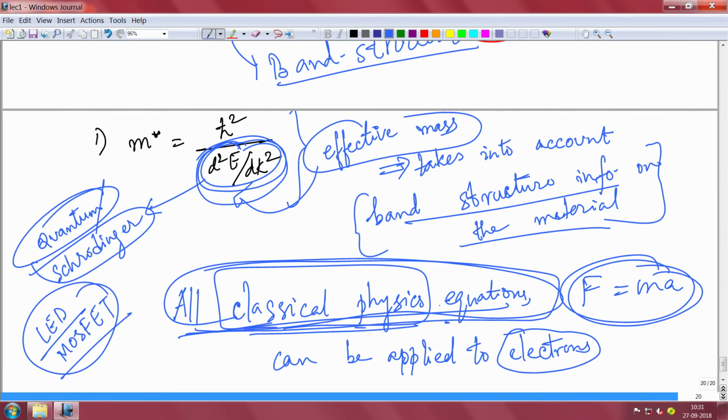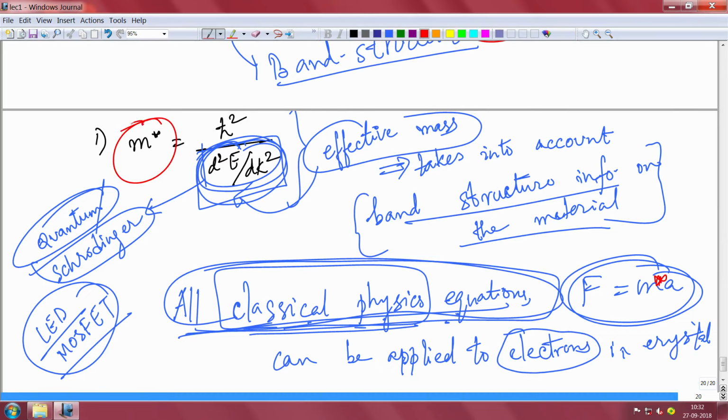But if you talk about electrons and other subatomic particles, you should not be able to apply classical physics equations. But because you have taken all the quantum mechanical information into d square E by dk square, we can use classical physics equations for electrons in a semiconductor crystal, as long as we use effective mass.